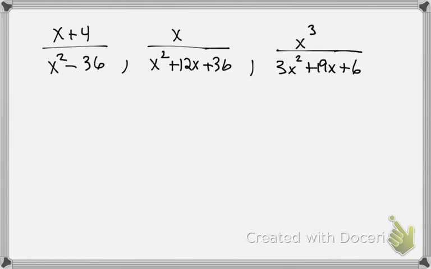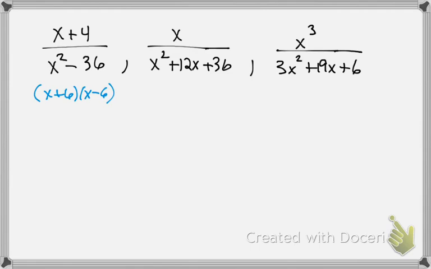I have to see what I have, and that means factoring, right? Before it was monomials, but this is more exciting than that. What can I do with x squared minus 36? x plus 6, x minus 6, it's the difference of squares, right?